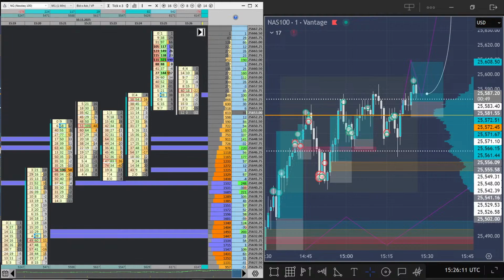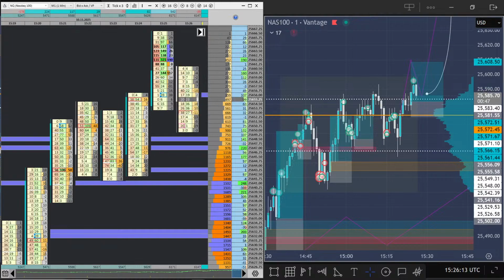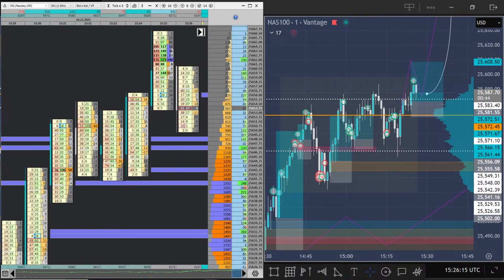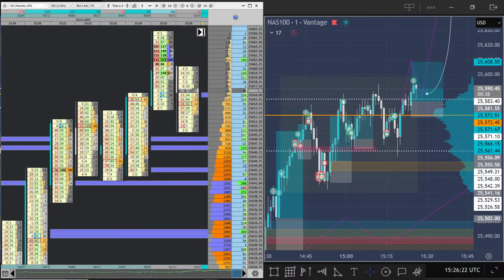Filled. Stop loss will go in profit, slightly past that, as soon as we break above the high currently.